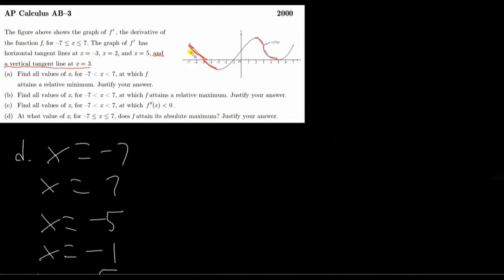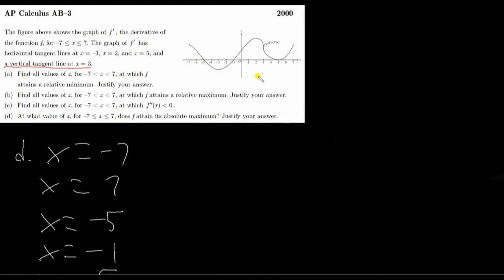When we're looking at the absolute maximum of f, that means we want f to be as large as possible. When we're talking about the graph of f prime of x, f is the area under the graph. So to find a value of f at a certain point, we take the area under the graph. So when we want to find f's absolute maximum, we want to find when the area under the graph is the maximum.